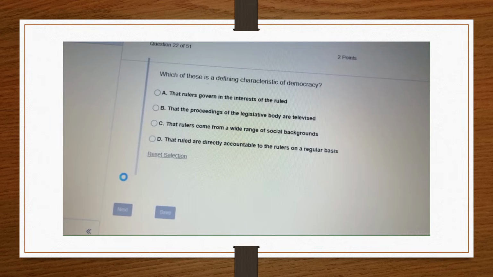All right, next question. Which of these is a defining characteristic of democracy? A, the rulers govern in the interest of the ruled. That's what democracy is all about. Am I correct?